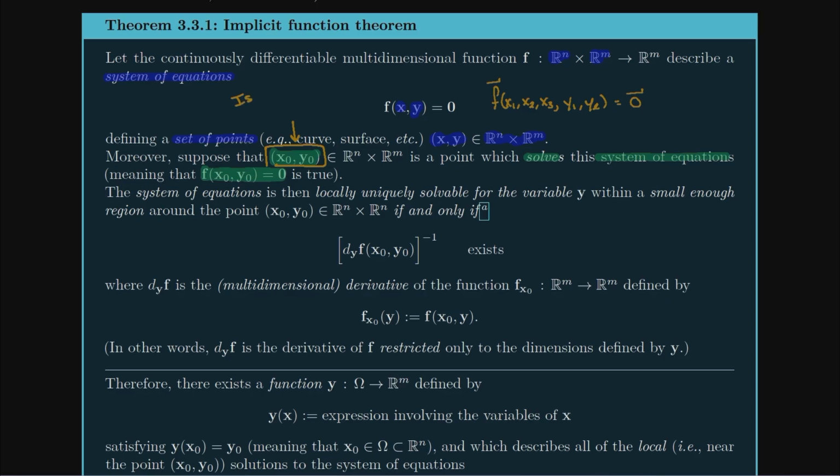Big question, is there a, I'll put in quotes, small region around this point for which the vector y, or the multidimensional point y, can be solved uniquely for in terms of the multidimensional x's? Big question, can you uniquely solve for the variable y in terms of the variable x within some region of the point that I care about?